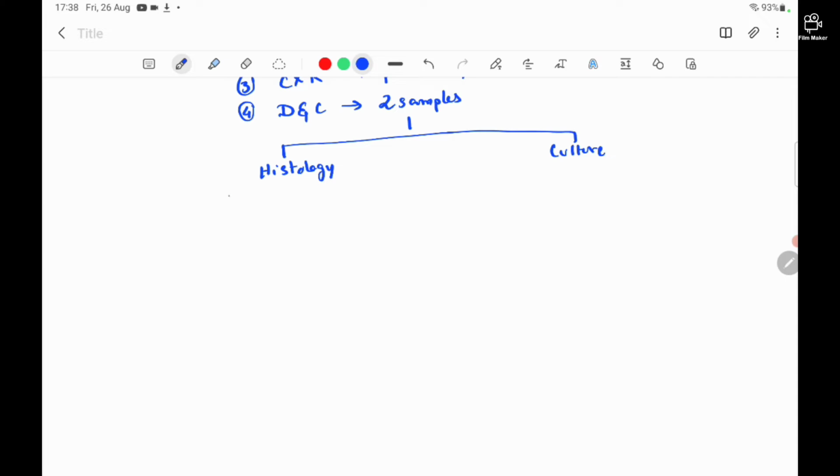In histology, you will typically detect giant cells. And false negative result is very high.